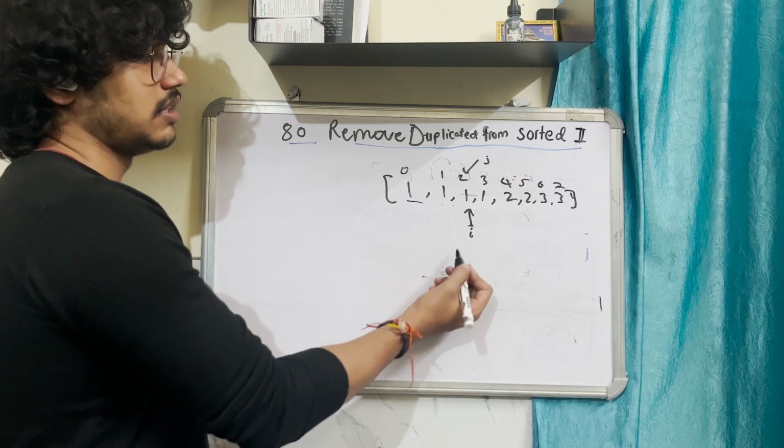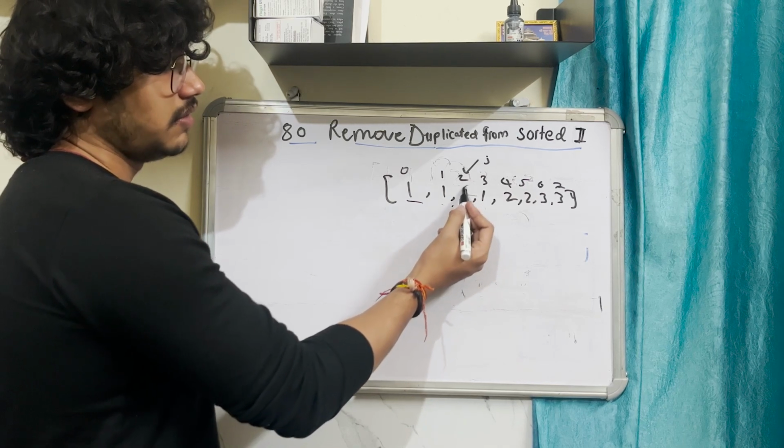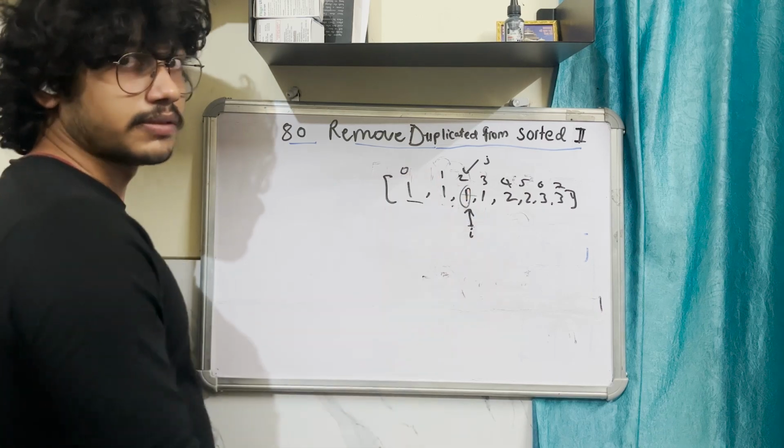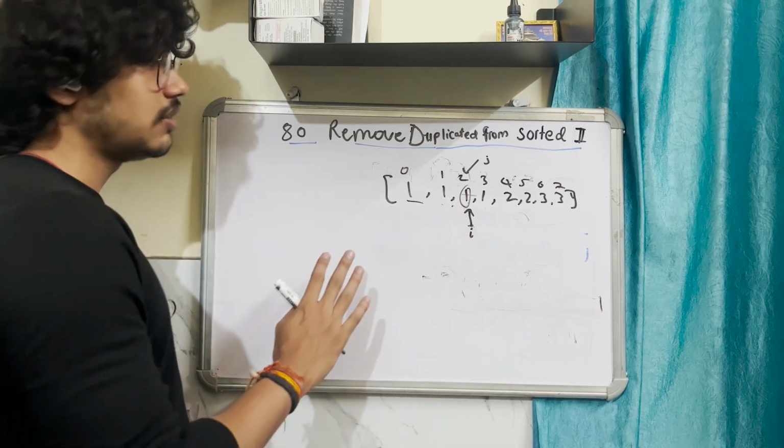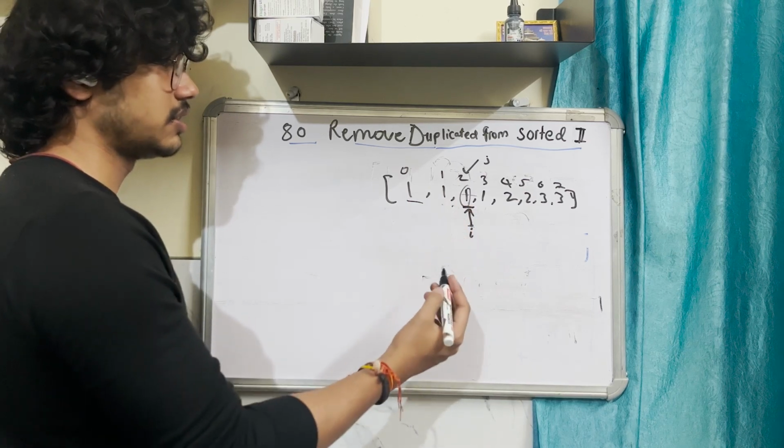2 positions behind this element. How will you find if this one has occurred more than twice before this? Basically, you can check before this index.